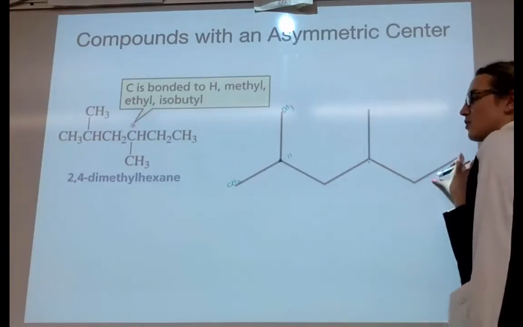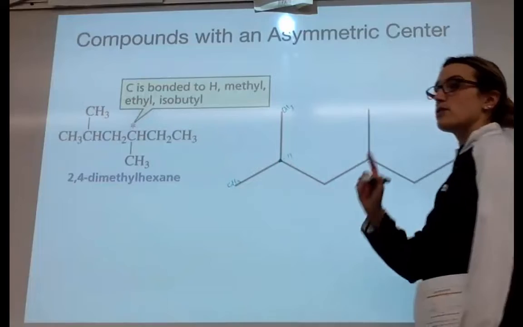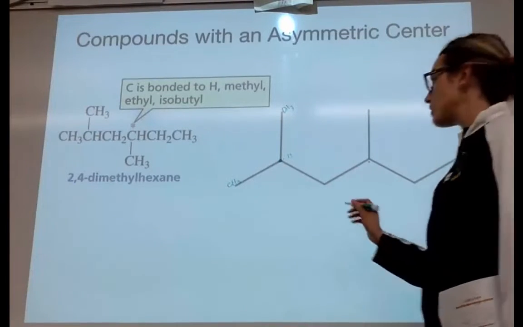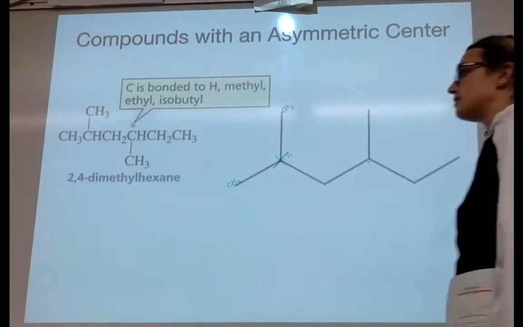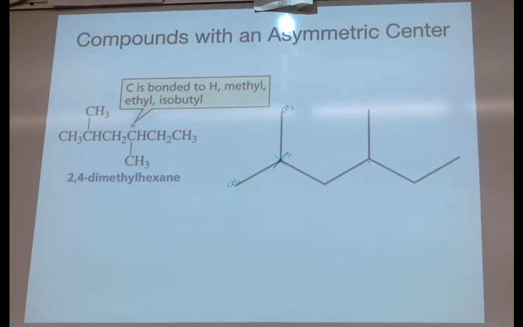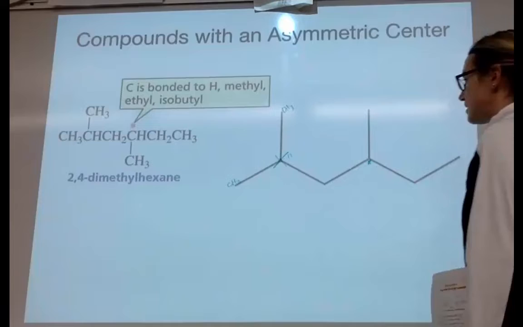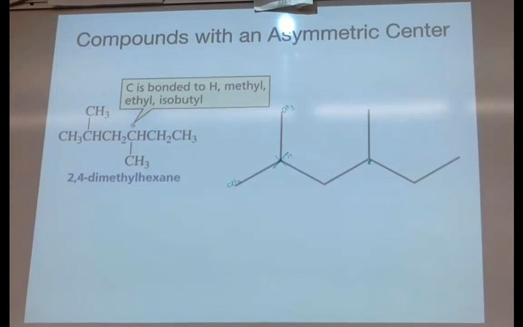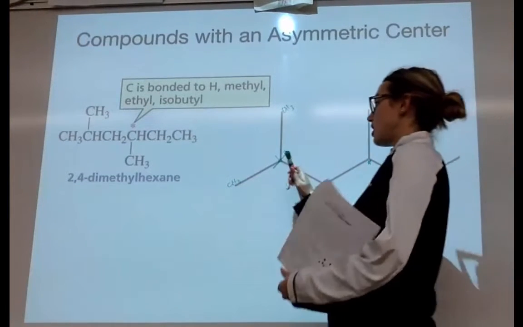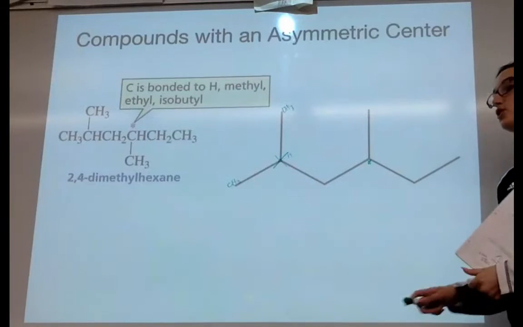This is all considered one group. Methyl and methyl, those are not different groups. This is not a chiral center. This one is. This is a chiral center. But this one is not a chiral center because it's connected to 2 methyls.